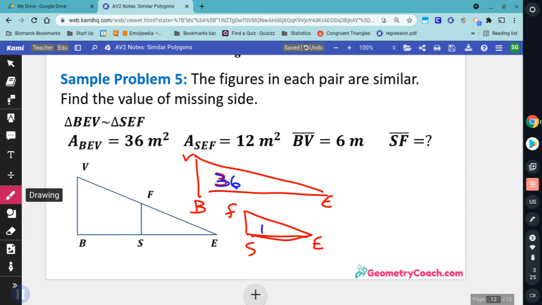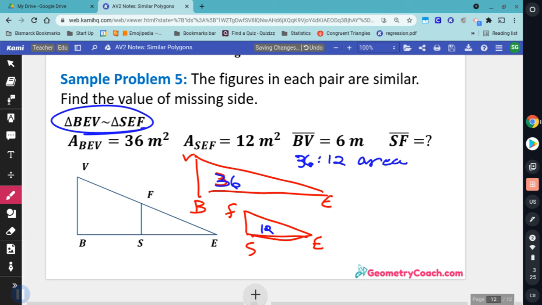The area of SEF is 12. Alright, since they gave it to me in this direction, I think we're going big to small. So that means we're going from 36 to 12 in area. That simplifies, if you divide everything by 12, to 3 to 1 for area.